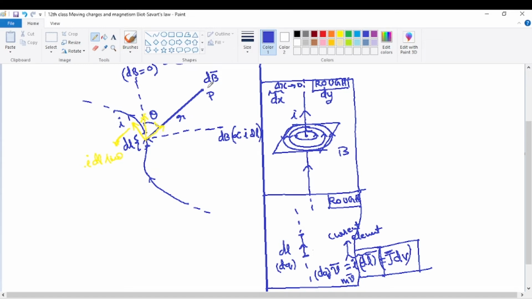So the field can't be produced by the parallel component Idl cos theta. Already, using simple methods, it is proved that the magnetic induction at any point on the perpendicular bisector of a current element is exactly proportional to Idl. So the magnetic induction dB here is due to the perpendicular component Idl sin theta.